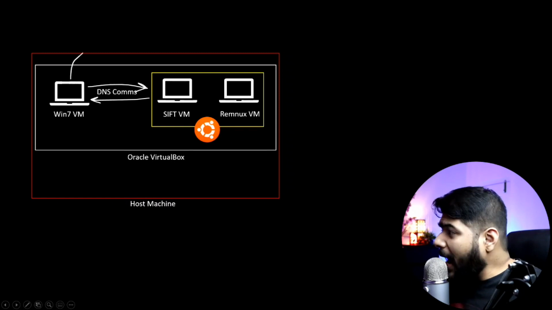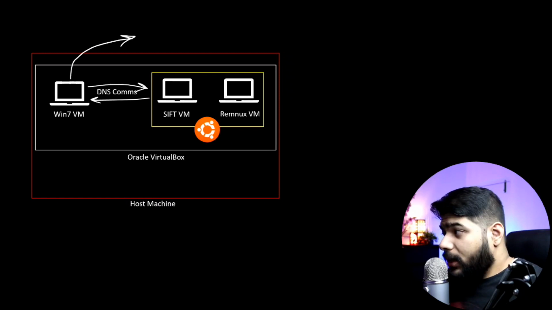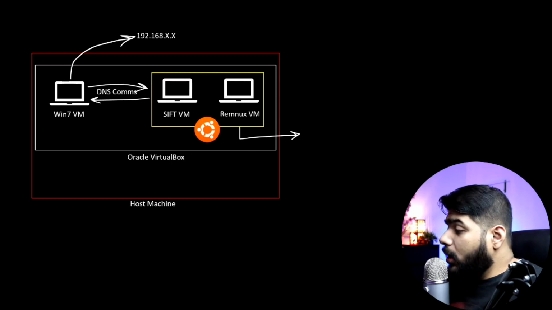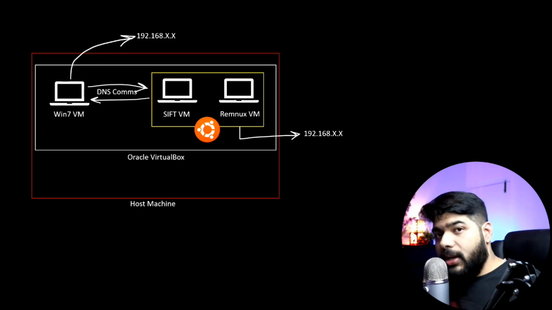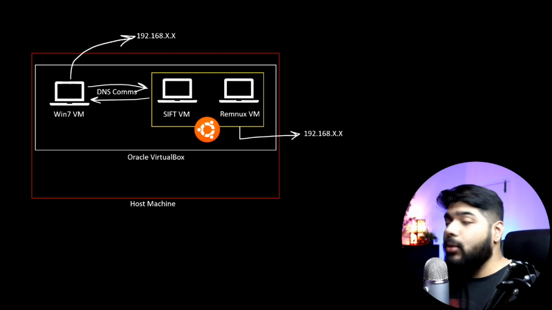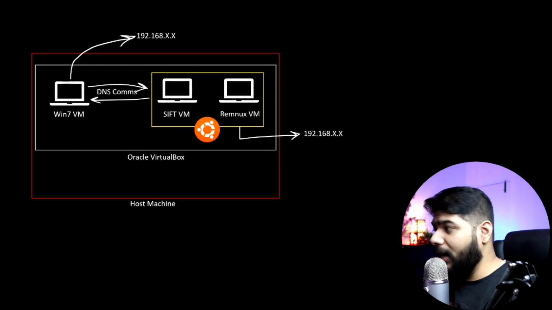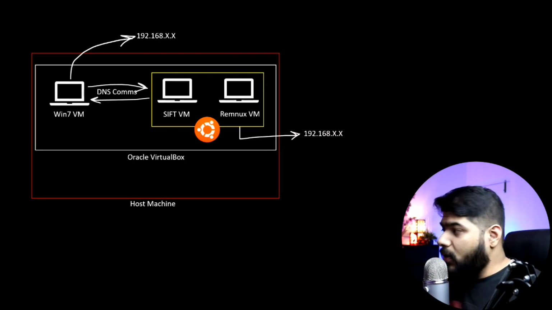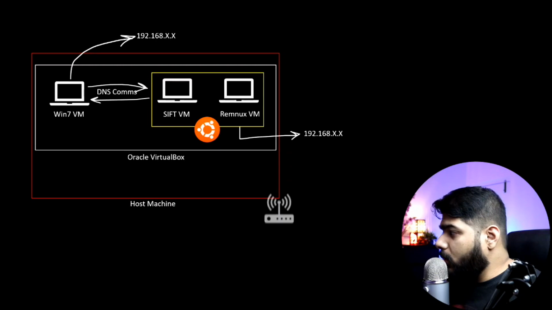For the sake of the tutorial, the Windows 7 VM and the Ubuntu machine will be on the same subnet, connected to each other, and I will show you how you can ping them and what network architecture you have to define while we do the demo, but this is what I am going to do.